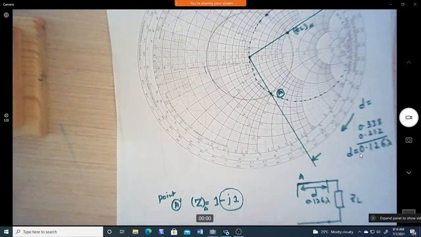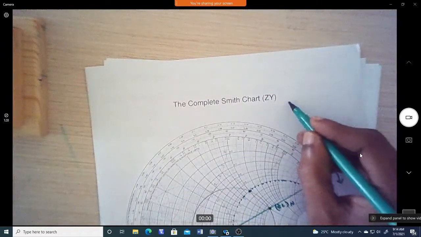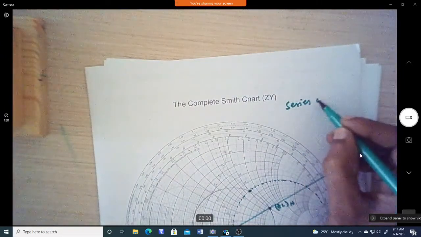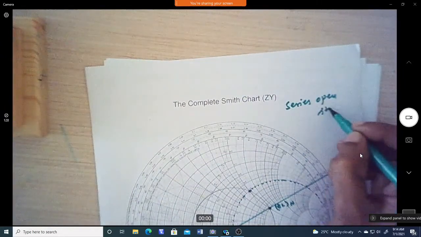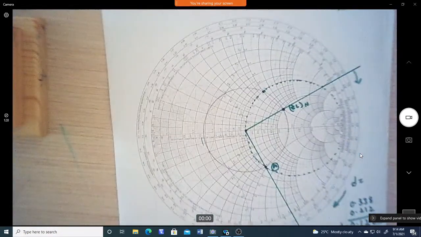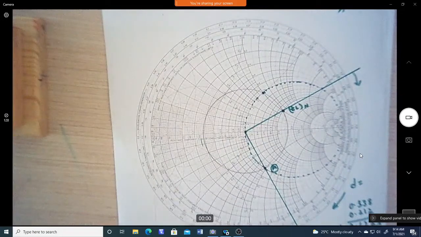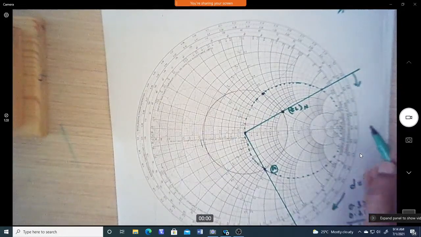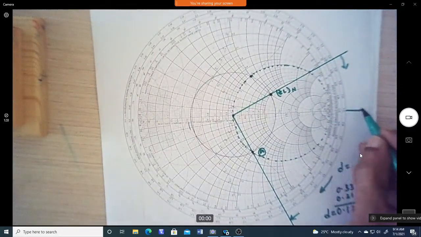That's why we need to connect a stub, specifically a series open stub. Now you need to look at the length of the stub from the open circuit point, where it will give the value of minus J1. Okay, so now you can see this is the open circuit point.